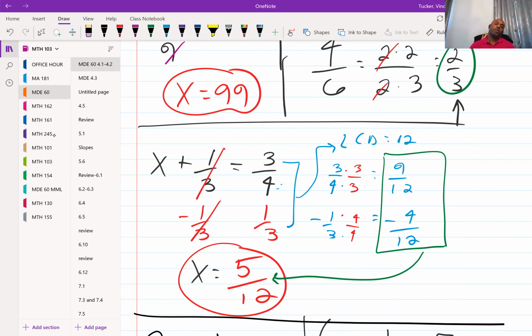So my LCD is 12, because of the 4 and the 3 that are in the denominators of each. So that's the smallest number that both 4 and 3 can divide into evenly. So if your LCD is 12, that means you want both of your denominators to be that. So you ask yourself, what times 4 will give me 12, and that's 3. So you multiply top and bottom by 3. And then what times 3 will give you 12? That'll be 4. So you multiply top and bottom by 4.